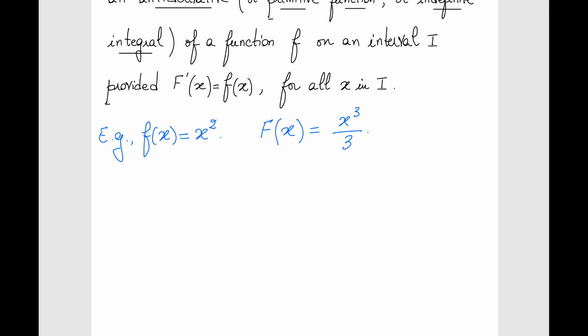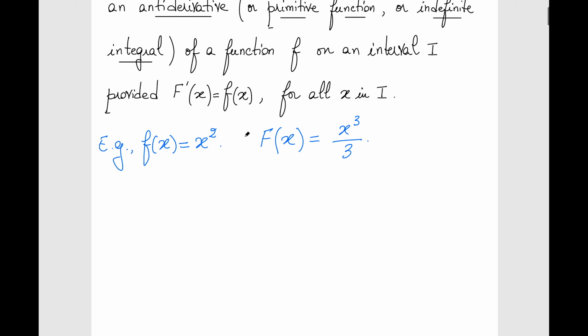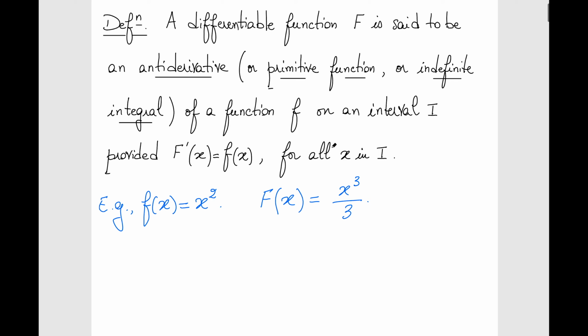Let's check. This capital F is certainly a differentiable function on all of R. It's a polynomial. And the derivative of capital F is certainly little f, right? Differentiate this: isn't it 3x squared divided by 3, so x squared.